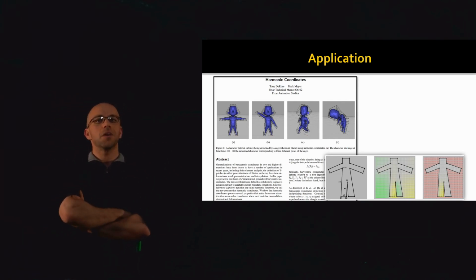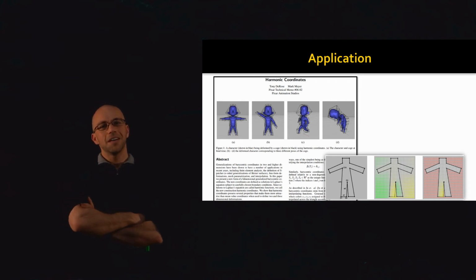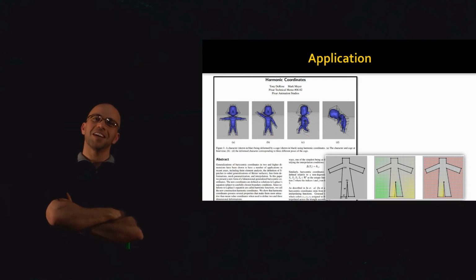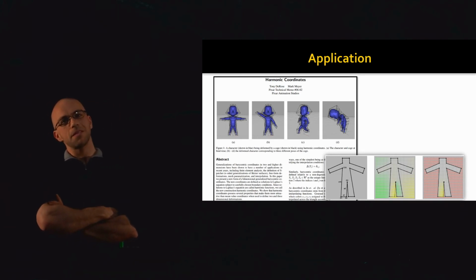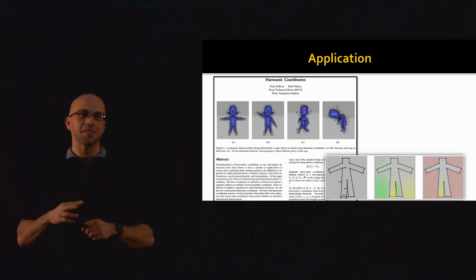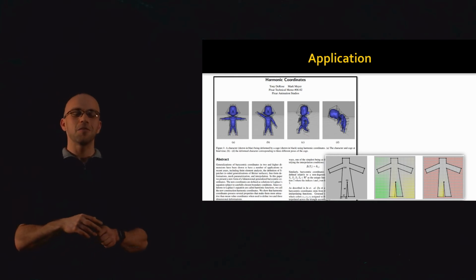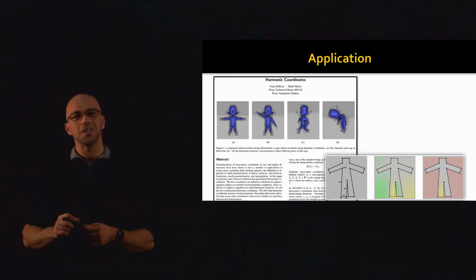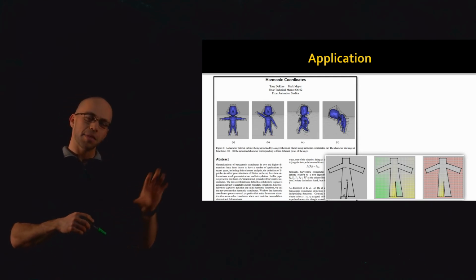And essentially what harmonic functions allow you to do is to write the position of every point in the interior of the cage as a linear combination of the boundary points. So then when I deform the outer cage, which is easy to do as an artist because it has relatively few points, I can use those same harmonic coordinates, which are basically just solutions of the equation that we just wrote down, to take the 3D character with it.